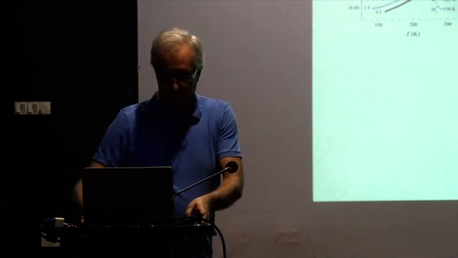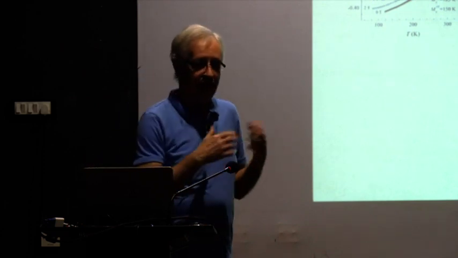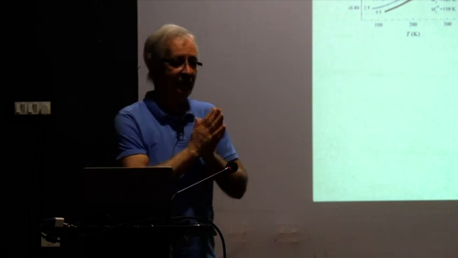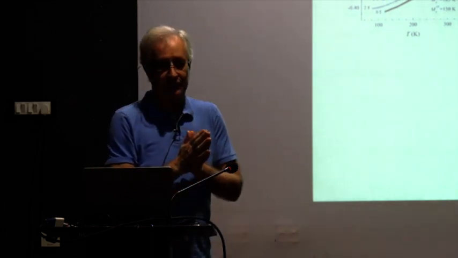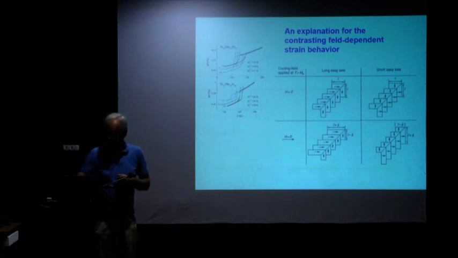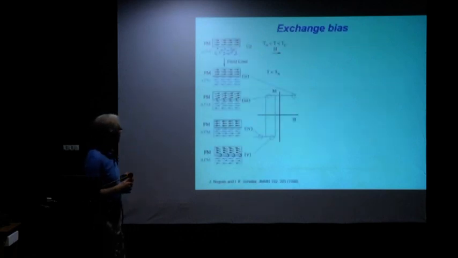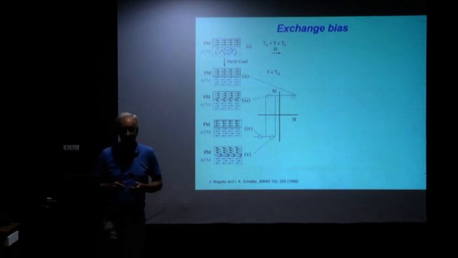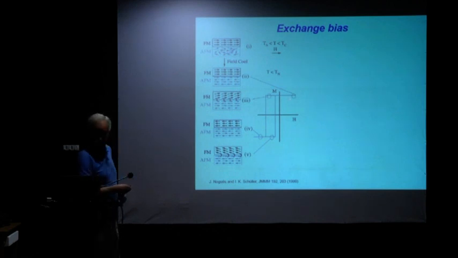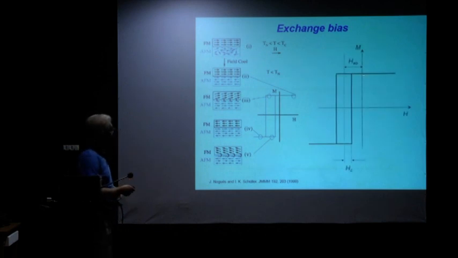So now there is another phenomenon which is important that tells us what kind of magnetic interactions we have in our system, and that is the so-called exchange bias effect. Exchange bias is observed when you measure a magnetization, and the magnetization curve looks like this. This is a simplified version.